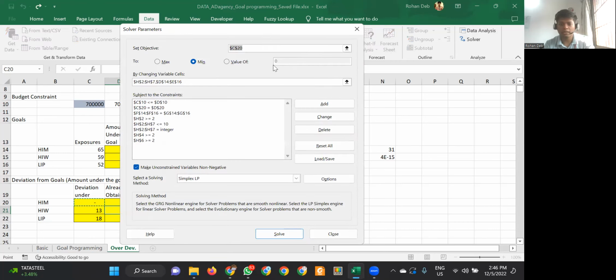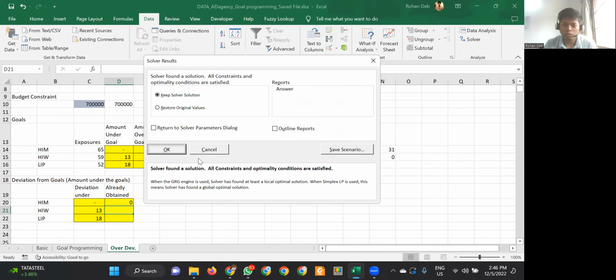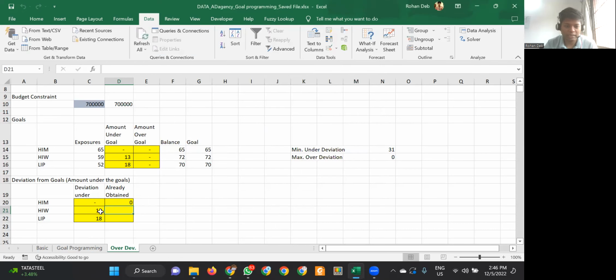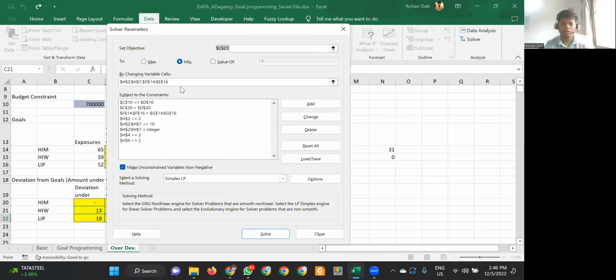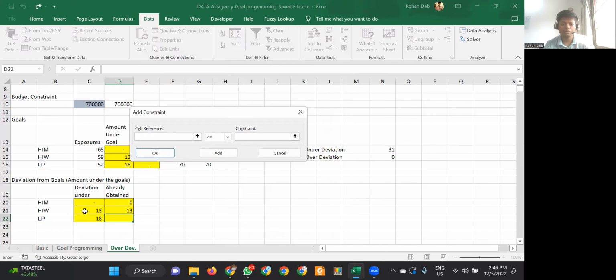For HIW, what I'll say is C21, solve for C21. It runs for C21 and you can see that C21 is kept as 13 again. So I'll fix this 13. Now run Solver. Add this equals to 13.